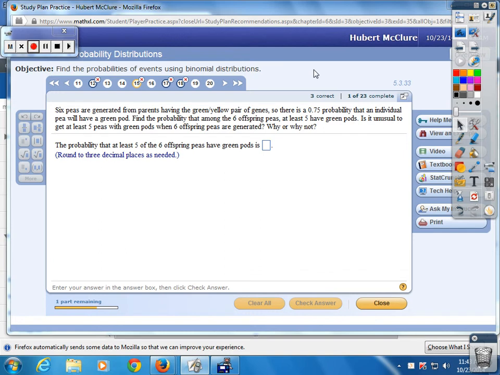If you write this question down, you need to highlight that at least 5, because that tells you a whole lot. Is it unusual to get at least 5 peas with green pods when 6 offspring are generated? Why or why not? So go ahead and write that problem down and highlight the at least 5, and then we'll start on it here in a second. So this is one of those thinking problems.